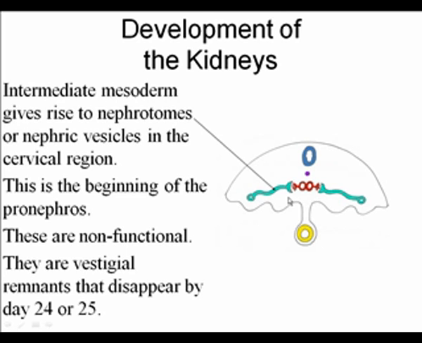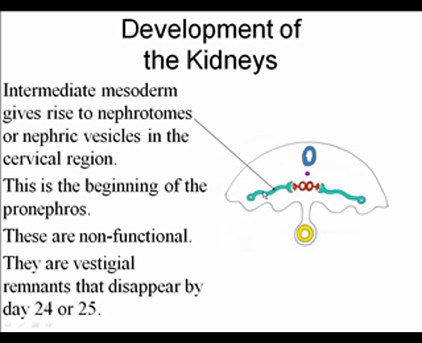The intermediate mesoderm is going to give rise to structures that are called nephrotomes, here outlined in blue. Another term for them is nephric vesicles, and these begin to appear in the cervical region early in development. Now, as you can recall, in a lot of the developmental processes, we have development that proceeds in a cephalocaudal direction, and the same holds true for the kidney.